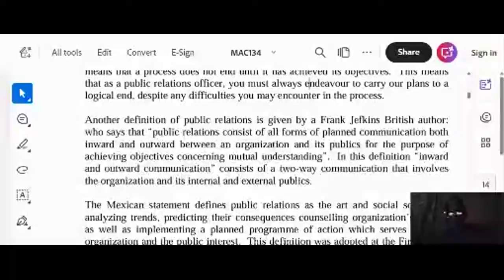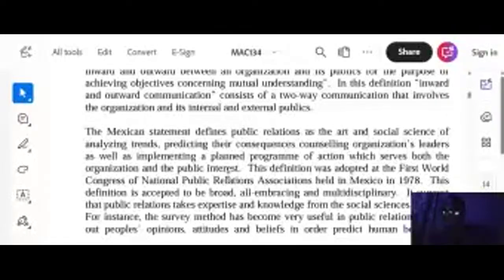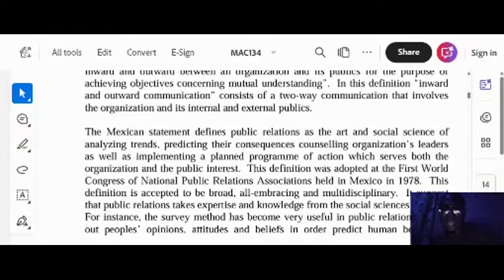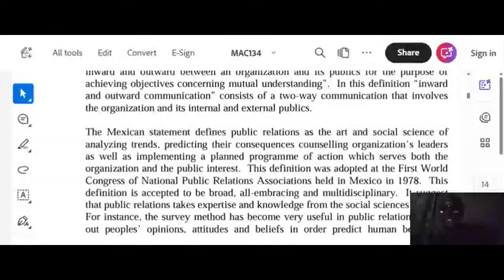We have just, first of all, the definition by Gottlieb, Center and Broom, followed by the definition by BIPR, the British Institute of Public Relations, followed by the definition by Frank Jefkins.